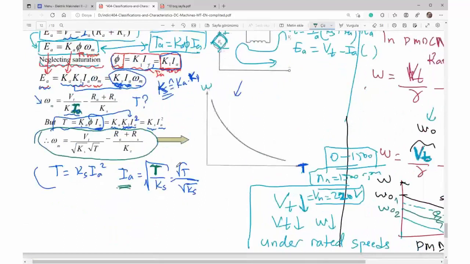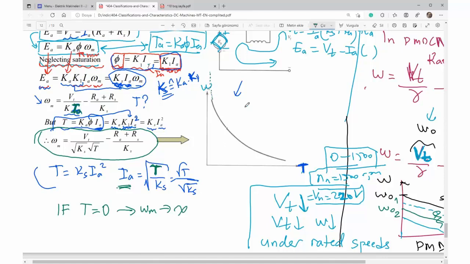Houston, it's a bit complicated. For example, if torque is 0, omega mechanical tends to infinity. Houston, yes, it is normal in this machine.